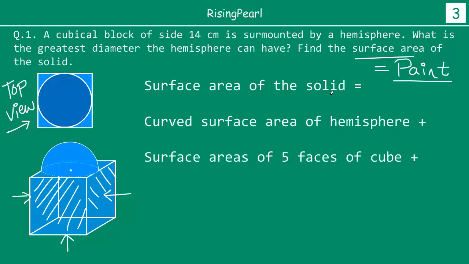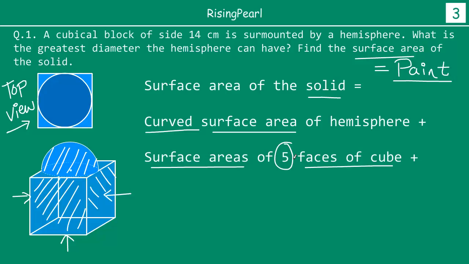So the total surface area of the solid is the curved surface area of the hemisphere, number 1, which is this one over here, let's shade this, plus the surface areas of 5 of the 6 faces of the cube. The only face not factored in is the top, and we are going to come to that here.